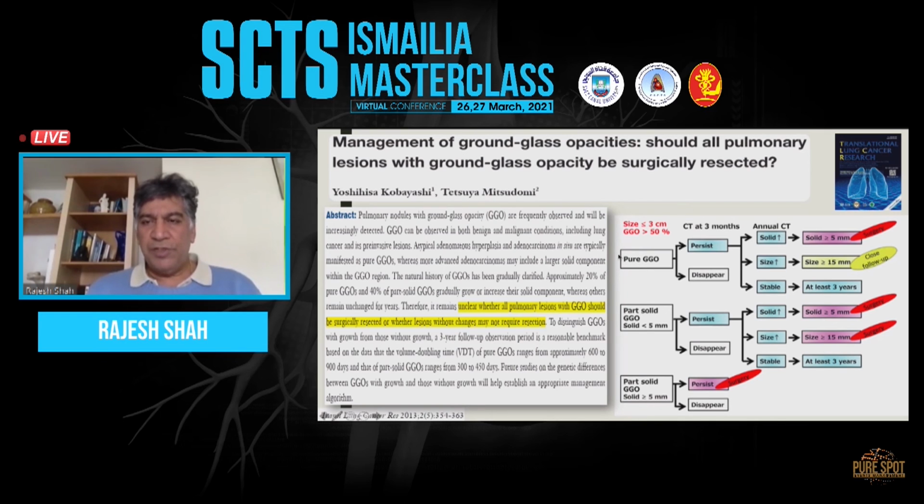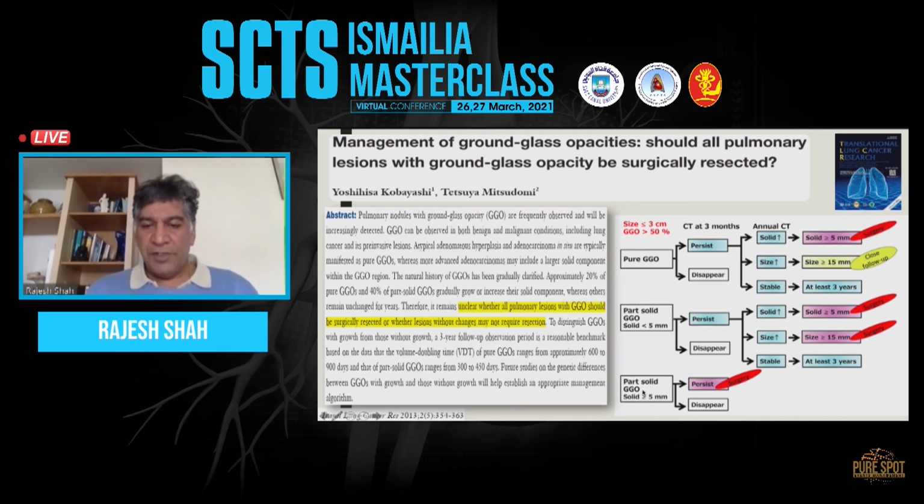If it's a pure GGO and the solid component is more than 5 millimeters in diameter, surgery should be considered because the chances of invasive adenocarcinoma is quite high. If it's a part solid GGO, which persists on CT at 3 months and on repeat CT shows a solid component of 5 millimeters or more, they should be considered for surgery. Or if the size increases to 15 millimeters or more, should be considered for surgery.